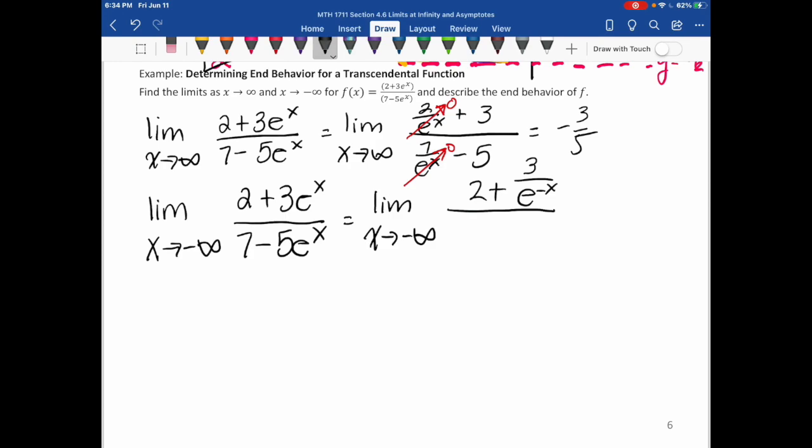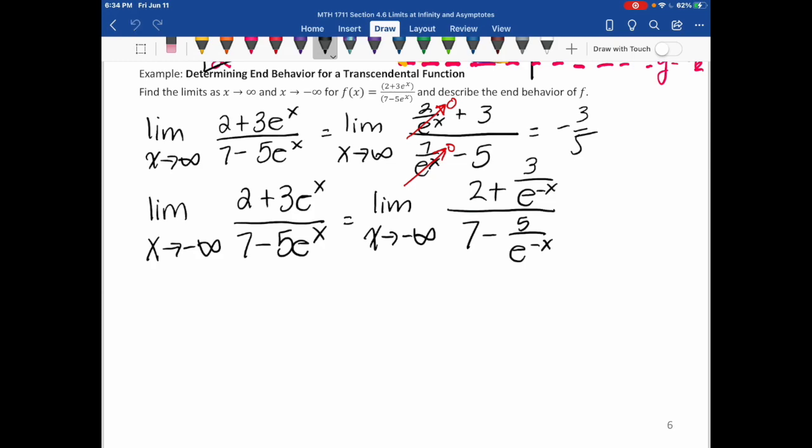Remember, you can change the sign of the exponent if you take the reciprocal. I'm going to do the same thing down here. This is a nice little trick. So I'm going to flip the e to the x upside down, take the reciprocal, and make the exponent negative.